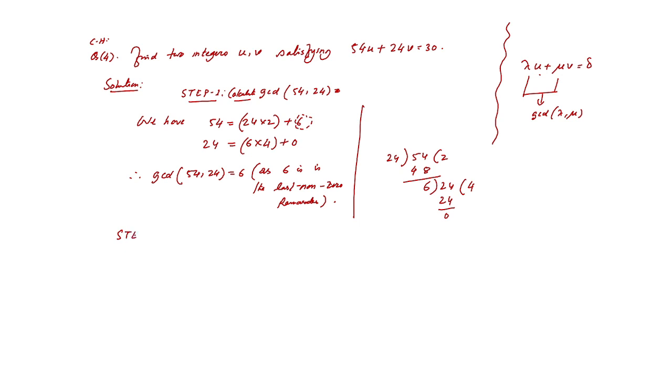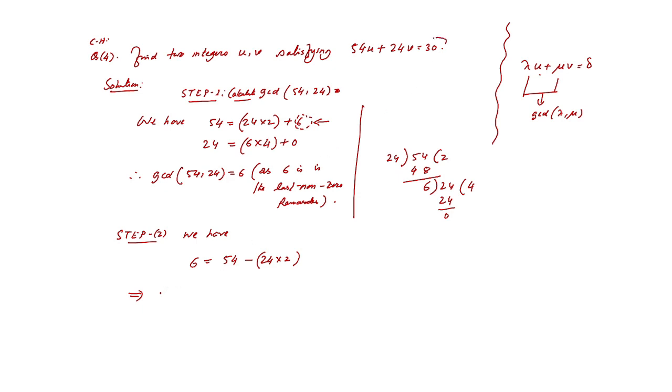Now for step 2, we just move backward. Backward means we start from this line where we found the GCD, the last non-zero remainder. So we can write 6 equals 54 minus 24 multiplied by 2. So what is 6? 6 is basically the GCD.